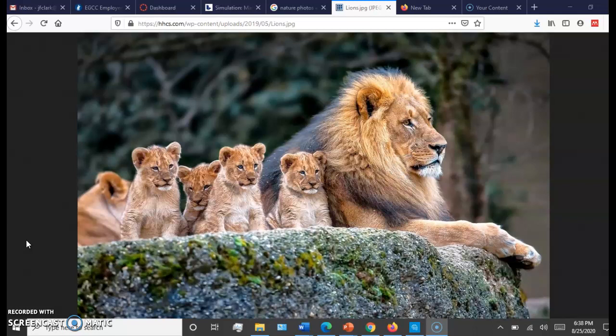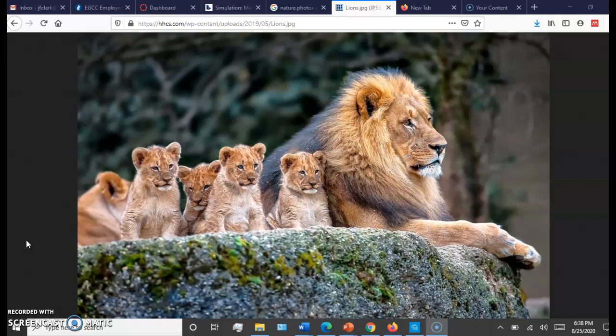But an inference is when you take what you see, so the picture I'm looking at, and you come up with an idea of what you think the picture could mean. For example, if I look at this and say, that male lion is the father of those 4 cubs, that is an inference.